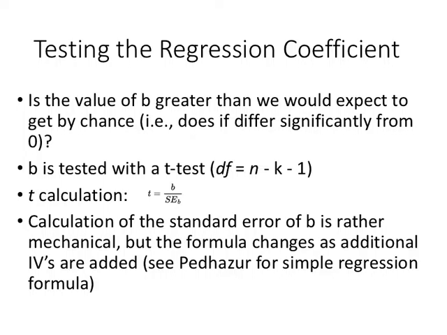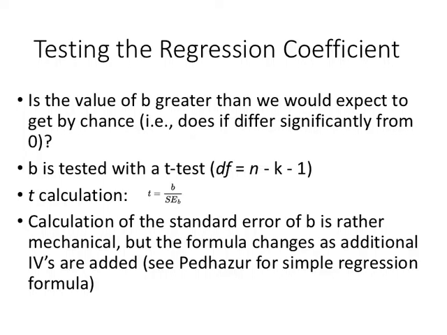So that's the formula for the standard error of the mean, and again, it's an estimate of if we were to replicate this study, given the n that we have, how much variation would we expect there to be in the mean?